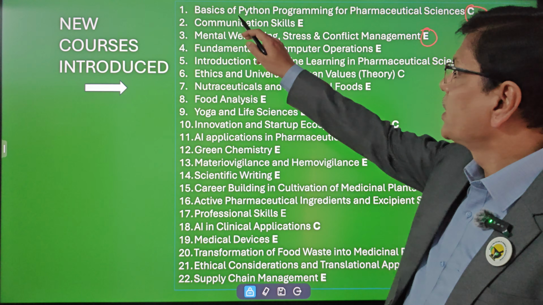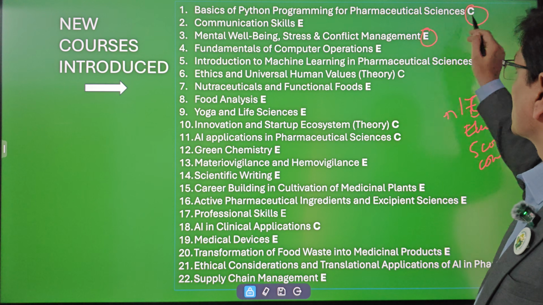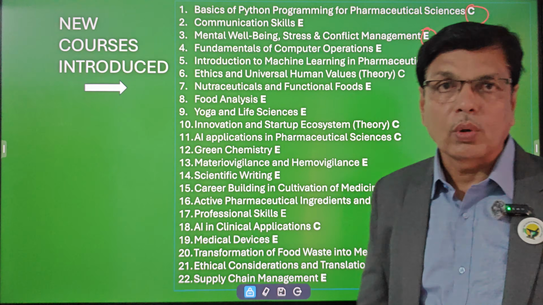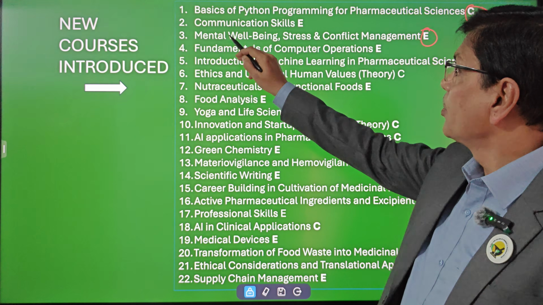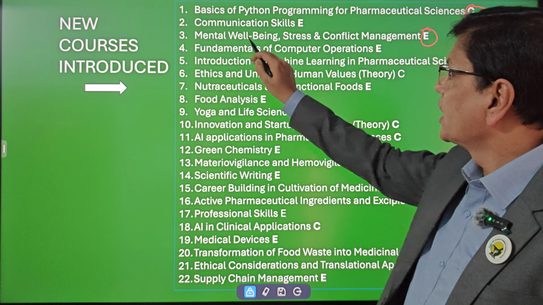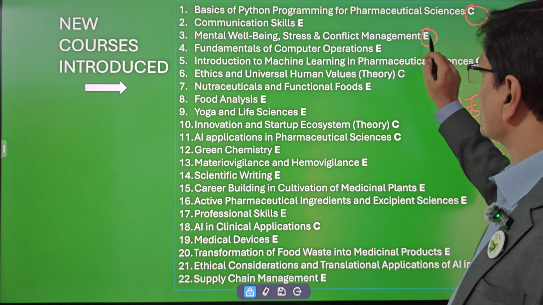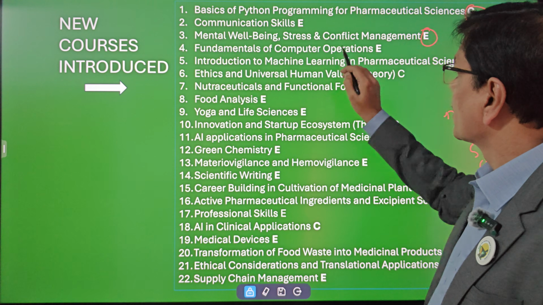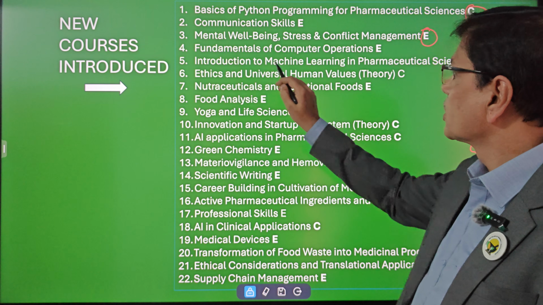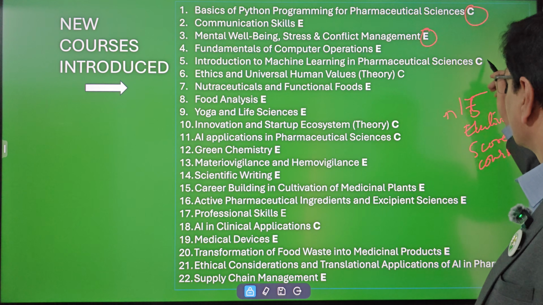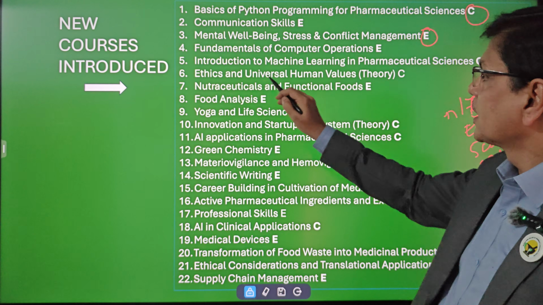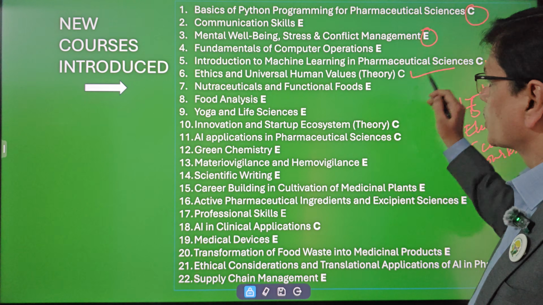If I read out, basics of Python programming for pharmaceutical sciences is a core course. Communication skills is elective. Mental well-being, stress and conflict management is again elective. Fundamentals of computer operations is elective. Introduction to machine learning in pharmaceutical sciences is a core subject. Ethics and universal human values is also a core subject.